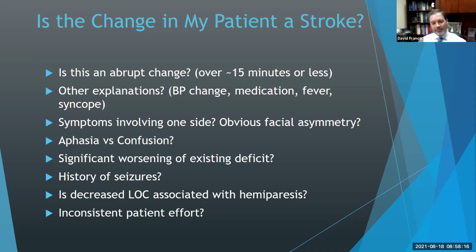However, typically what we're going to see is very inconsistent effort. The arm will be weak at one point where they can't even move it, but then you'll see them moving it on their own, or they can hold it up in other situations. They'll try, and after a great deal of encouragement, finally they can get some strength going or follow the command that we're asking them to do.